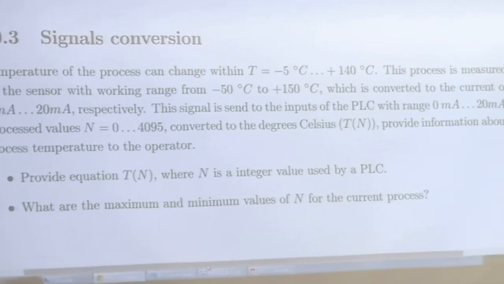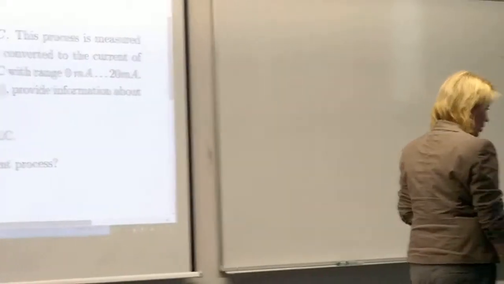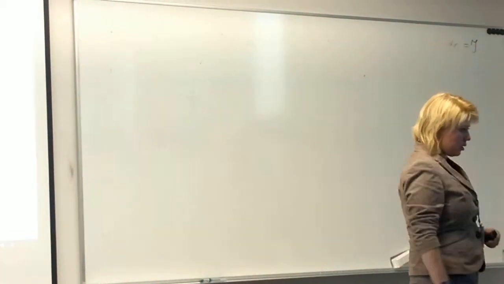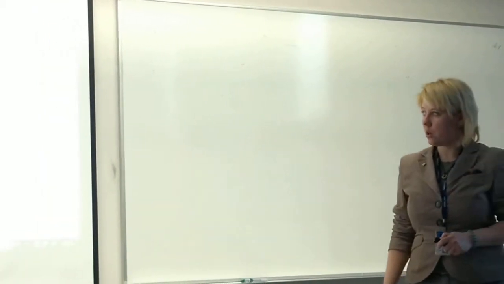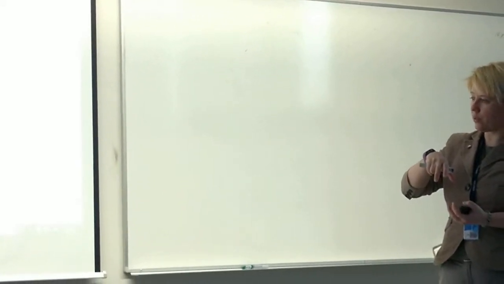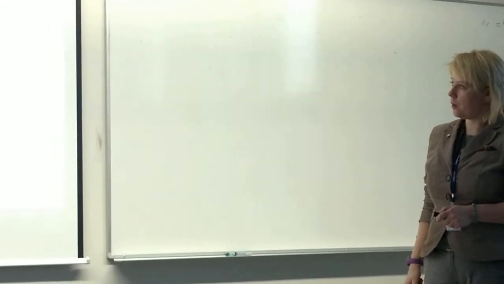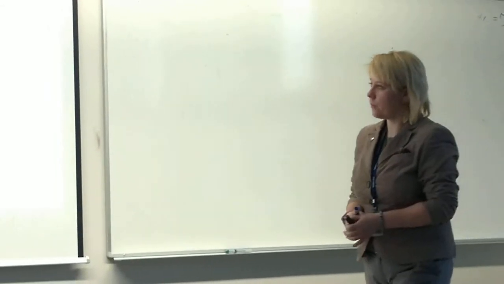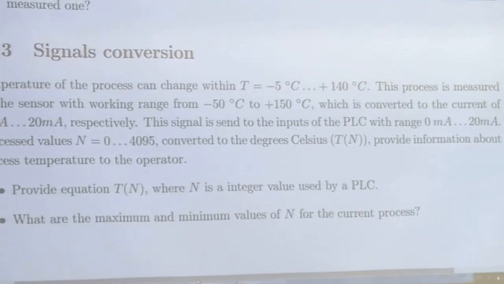So for example, we are using some RTD type sensor, and inside the head of the sensor we have a converter which converts this temperature to a signal from 4 milliamperes to 20 milliamperes.